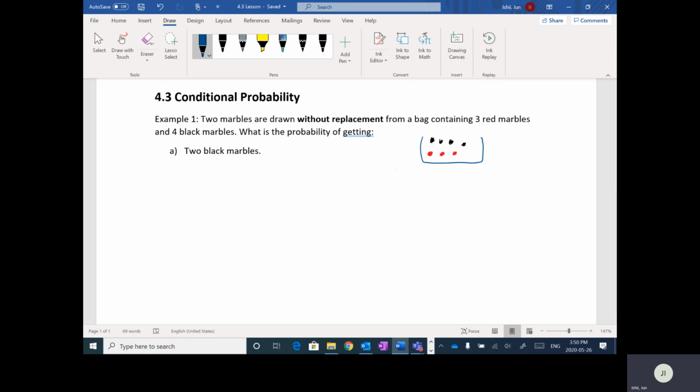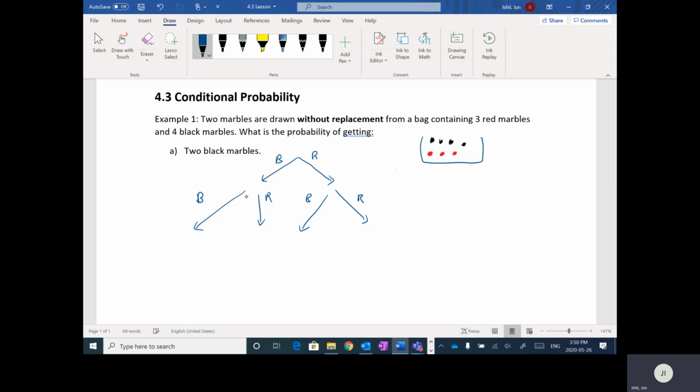So what we're going to do here is draw a tree diagram, branching out all the possibilities of what could occur. On the first draw, you can either get a black marble or a red marble. And then on the next draw, you can either get a black marble or a red marble. So these are 2 options. And same over here, if I went red first, then I can get a black marble and then a red marble.